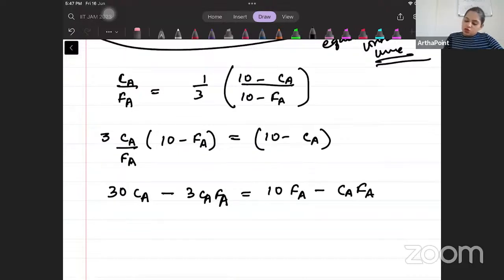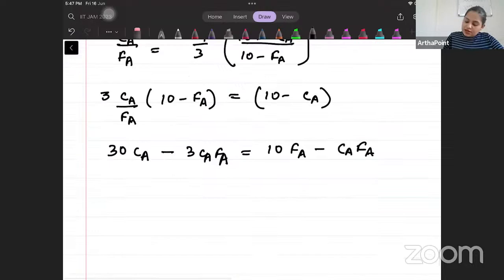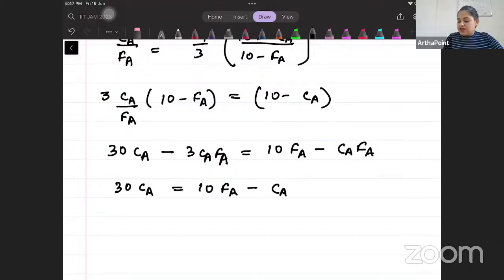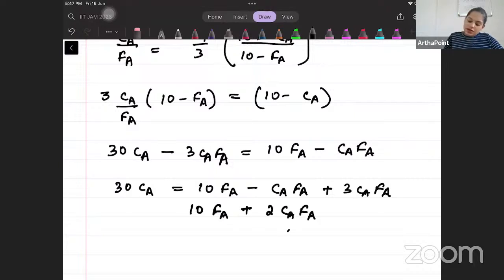Okay? So what will happen? You will get 30 CA is equal to 10 FA minus CAFA plus 3 CAFA. So 10 FA plus 2 CAFA will be 30 CA.